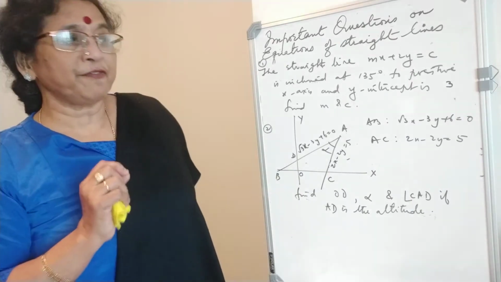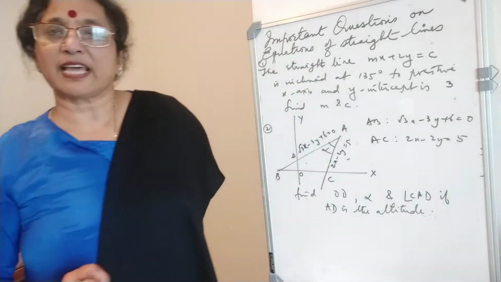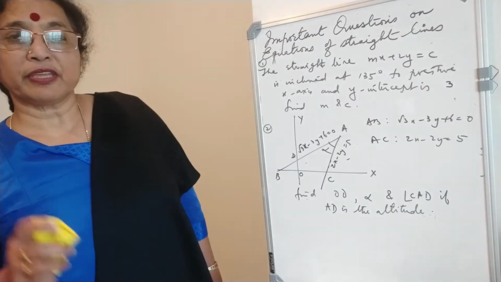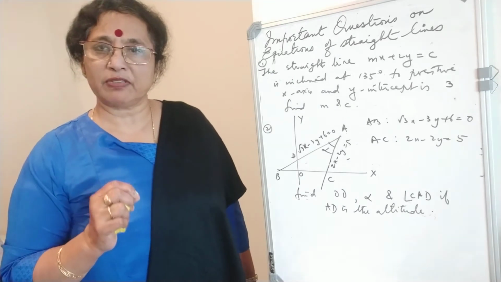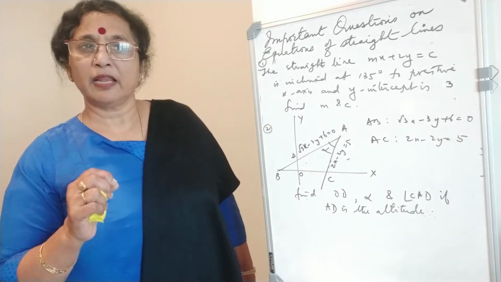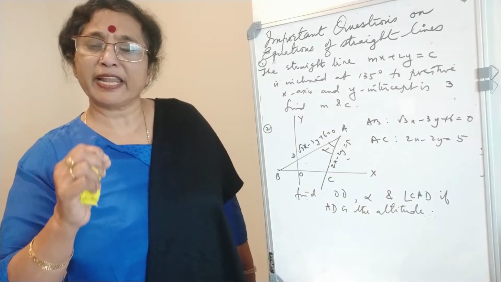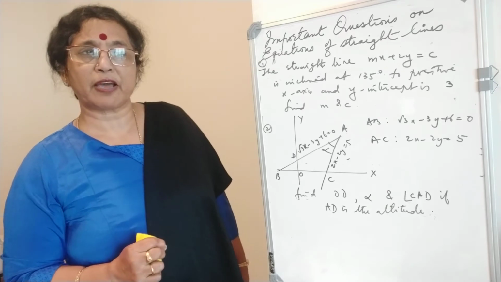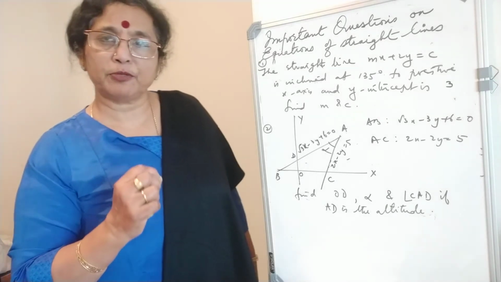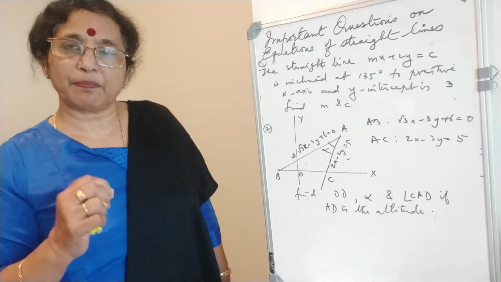So therefore, first you write: inclination with the positive x-axis is 135 degrees. That means tan 135 is the slope, right? Let us call that big M, which is tan of 180 minus 45, which is minus tan 45. Why is tan of an obtuse angle minus tan of its supplement?